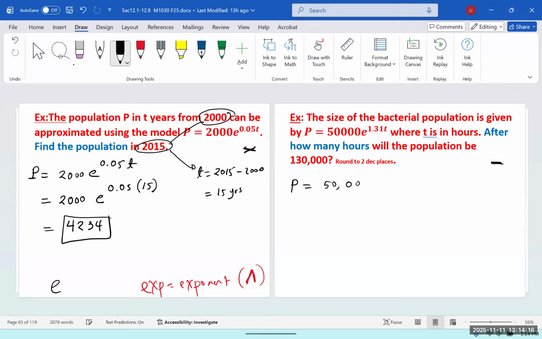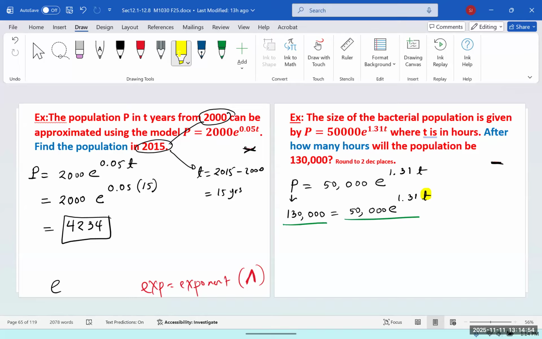130,000 equals 50,000 e to the 1.31t. To get the t alone, if you divide by 130,000, does it help t?